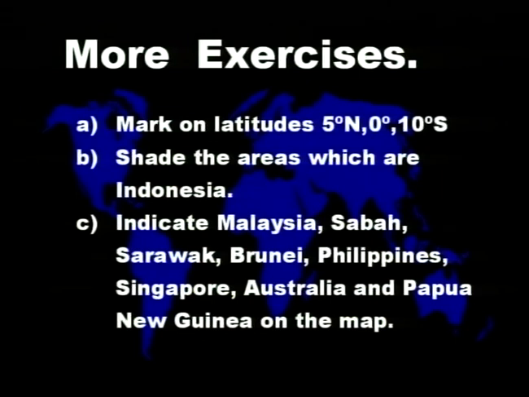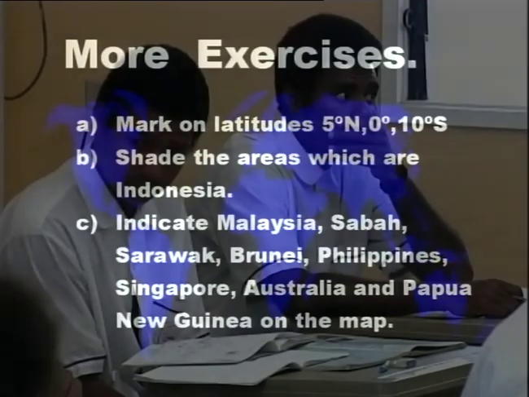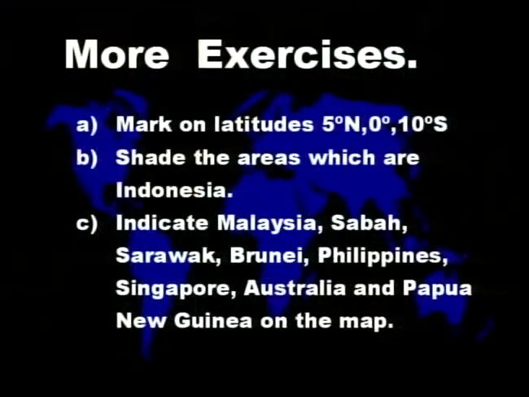B, you were also asked to shade in all of those areas from your map which are part of the country Indonesia. And finally, C, there were a couple of places that we did not put down on the map in our last lesson. And those areas included showing where Sabah, Sarawak, Brunei, and Singapore are on our maps.